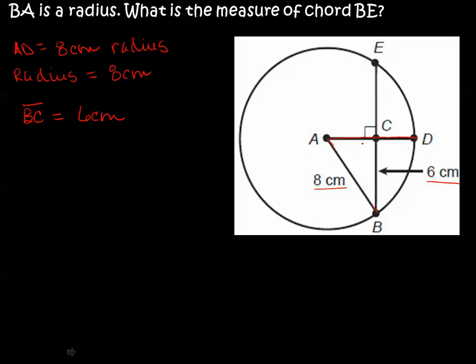If you look, this radius AD is perpendicular to the chord, and remember the radius chord theorem says that if your radius is perpendicular to the chord, then your chord segments are going to be congruent because it's also bisecting. So BC is congruent to EC.